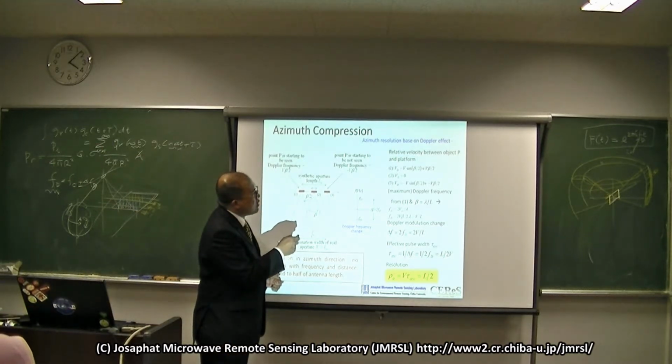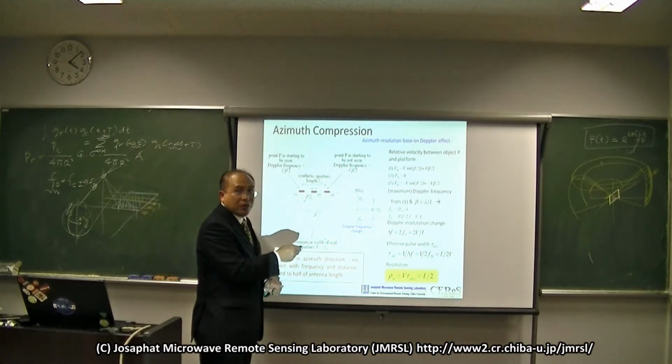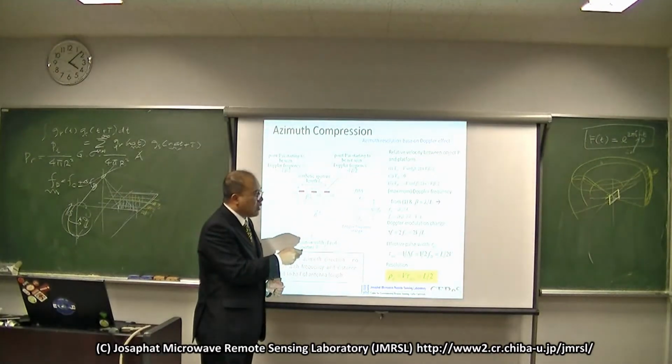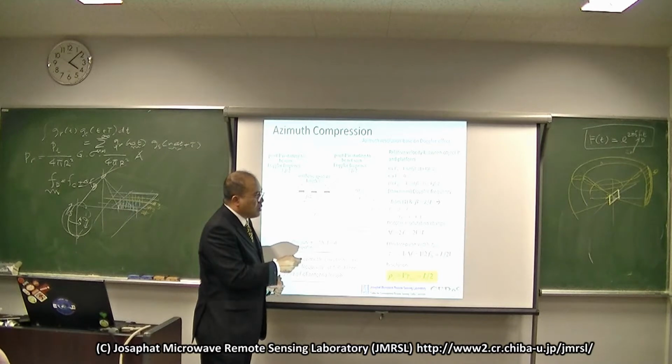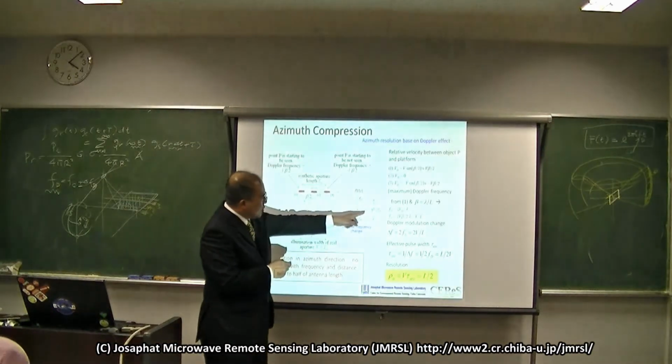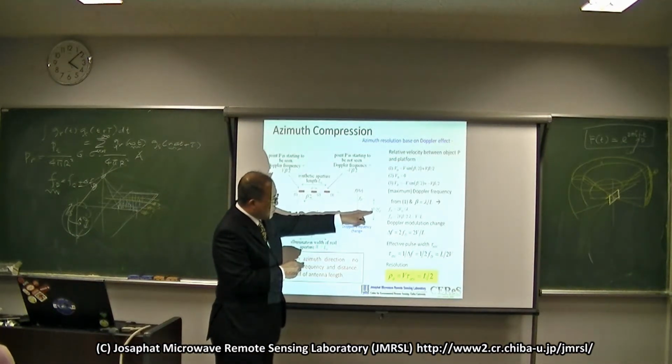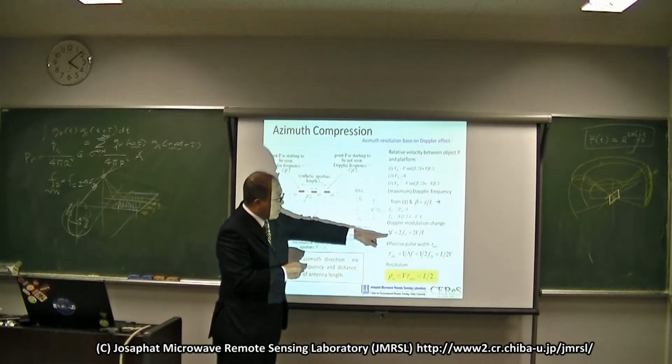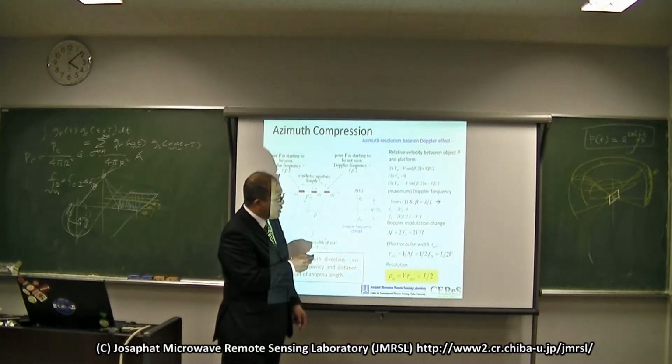You can consider Vd equal to this one, insert Vd here, and you can find Fd equal to Bl. Then the Doppler modulation change, delta F, equals 2 Fd, and you insert Fd here.